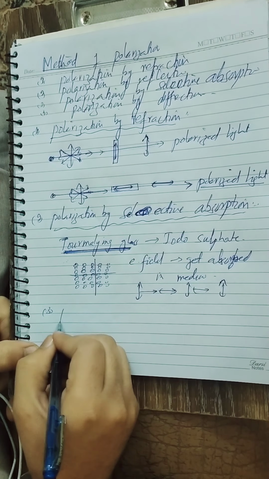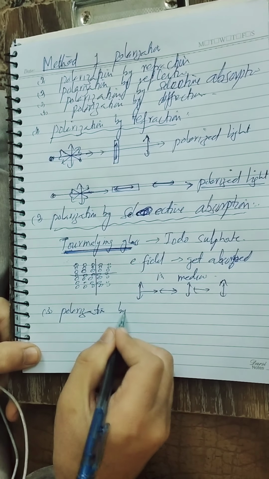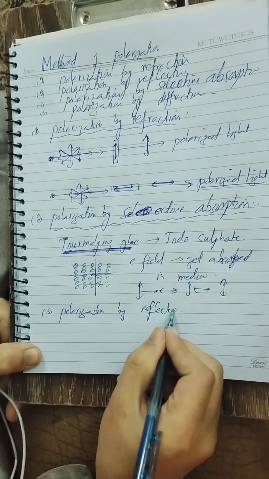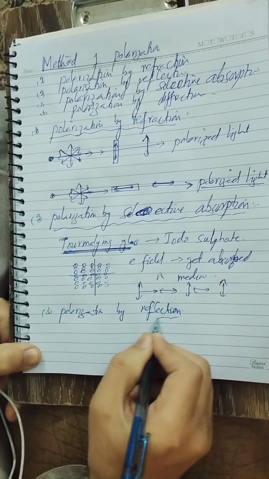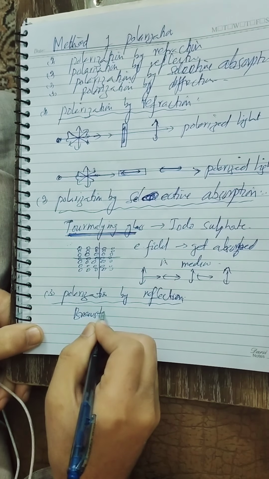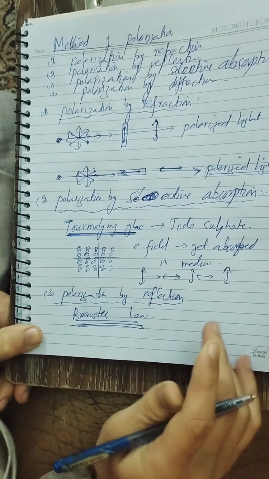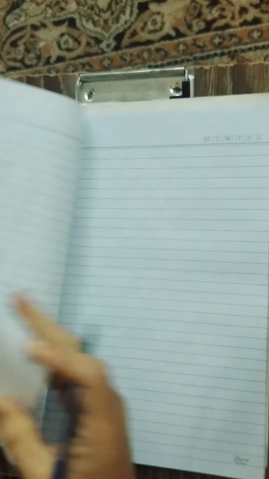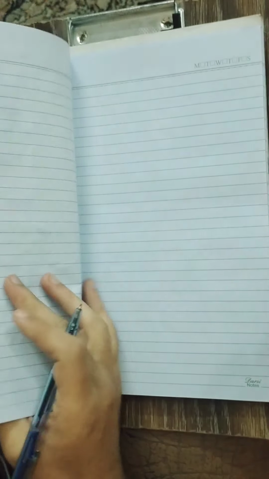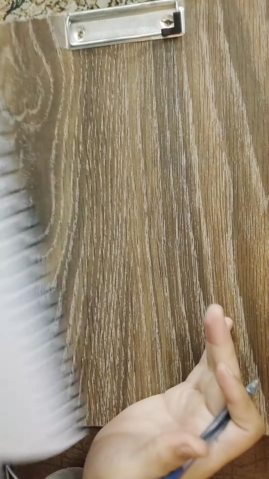The third one is polarization by reflection. This is also called Brewster law. How can we define this law? Look here. We are going to define this law.